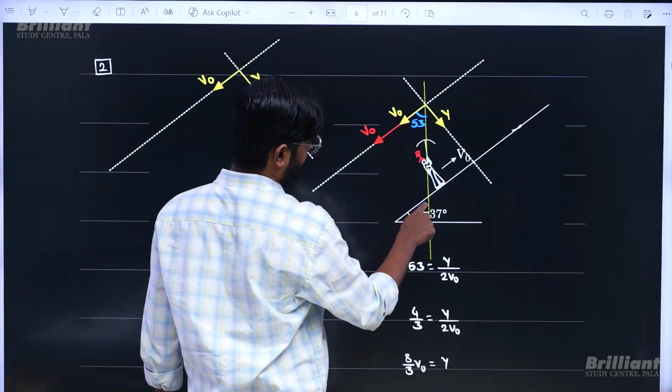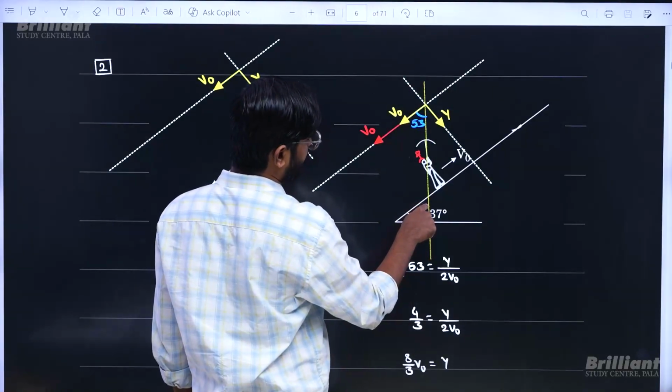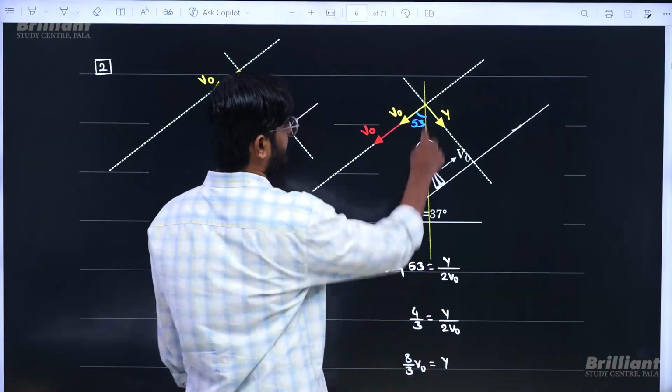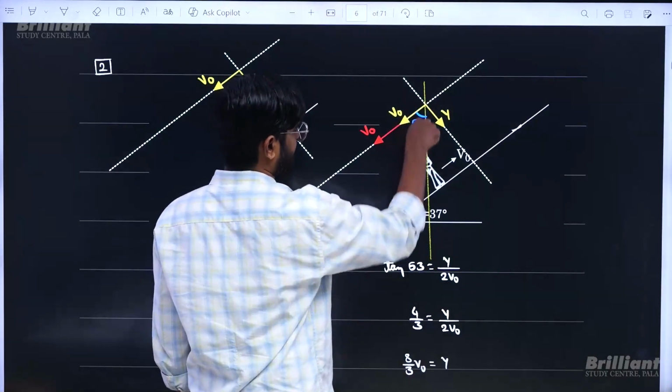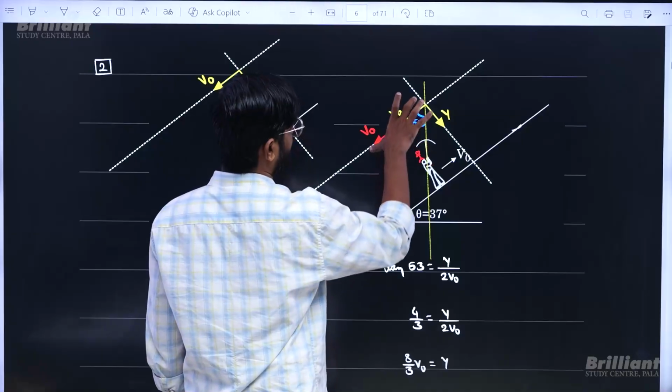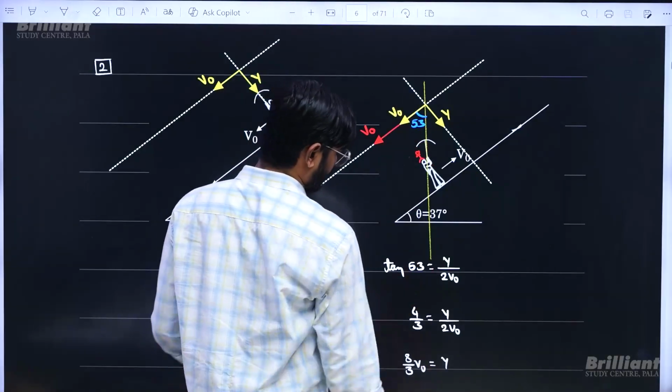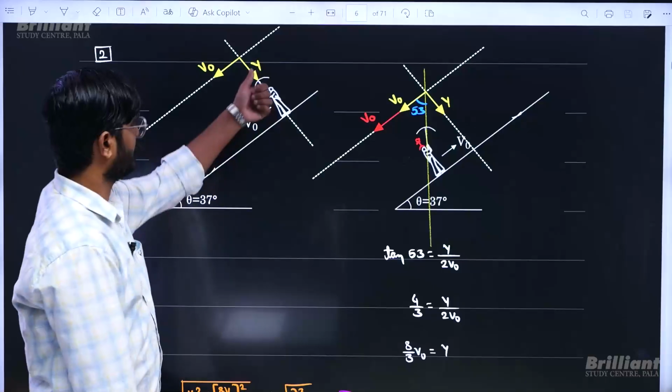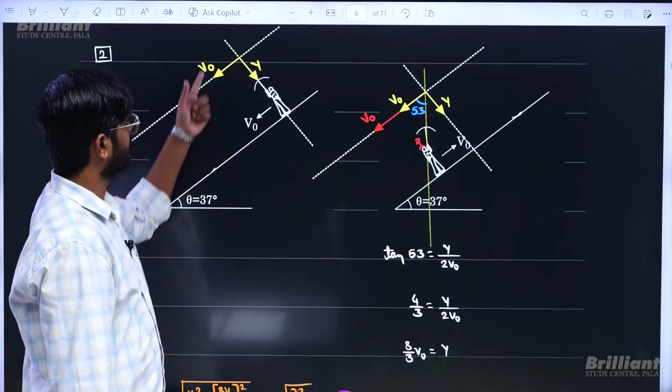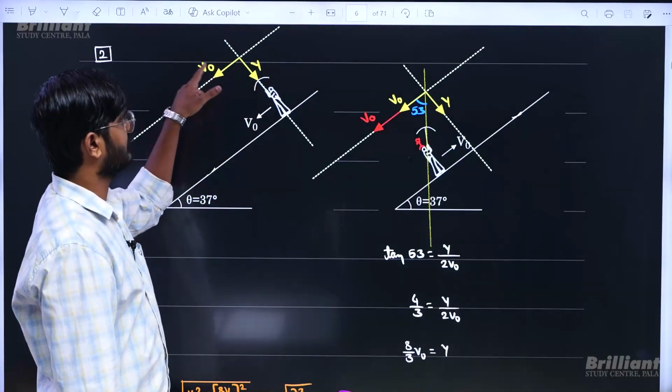If this angle is 37, this is going to be 53. So the resultant of these two velocities should be in this direction. The meaning is tan 53 is y by 2v0. From there you will get the value of y. If you know y and this value, then the resultant is the root of this square plus this square.